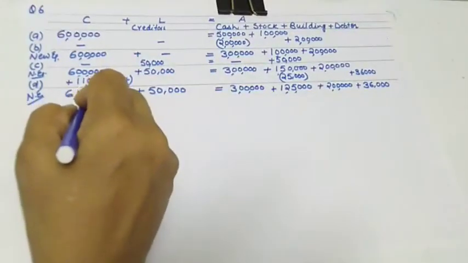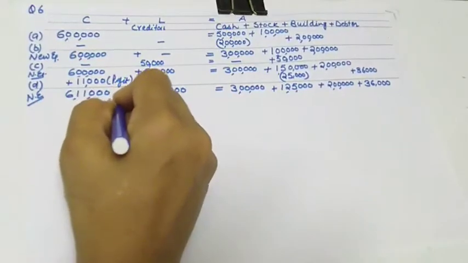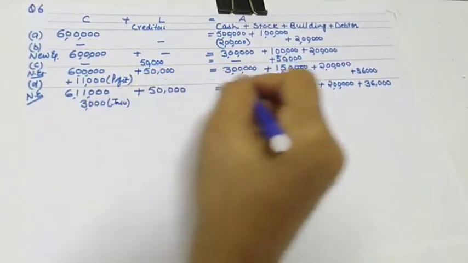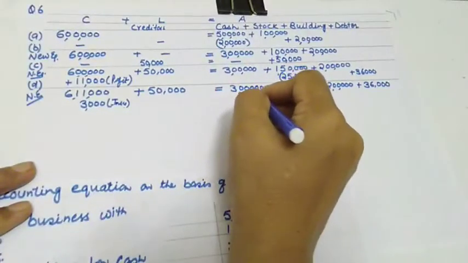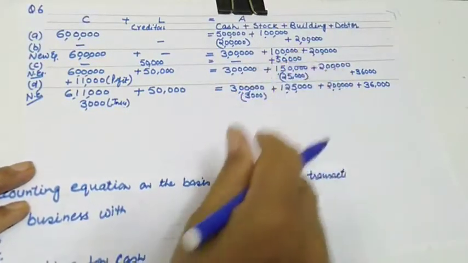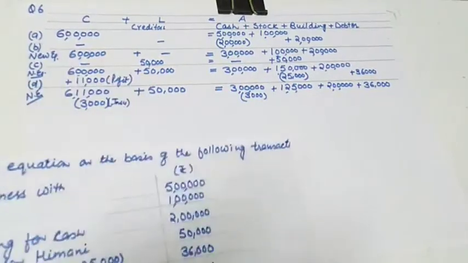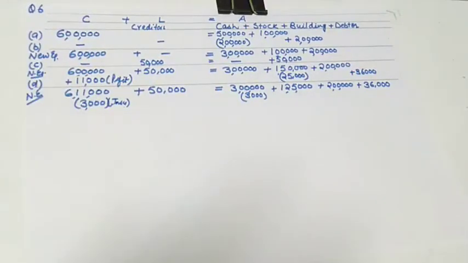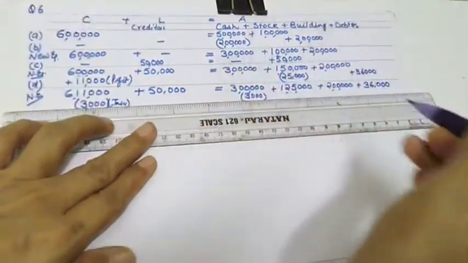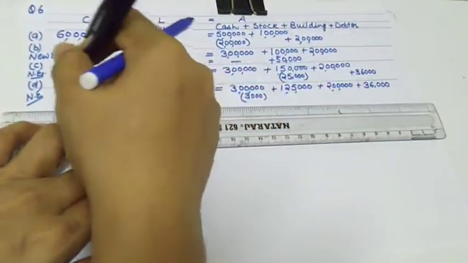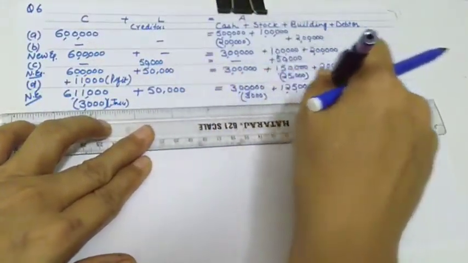So we'll be deducting 3,000 as insurance premium and 3,000 will be deducted from the cash also. Let me put bracket here also because we are deducting from the capital. So let us see the impact of this transaction on accounting equation.